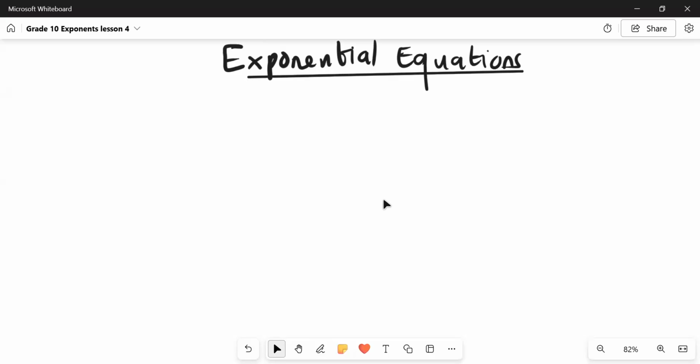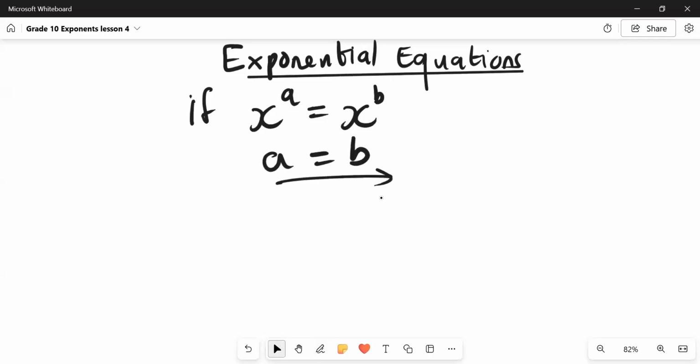For you to solve for x when it comes to exponential equations, you must fight to get the bases to be the same, and then you drop down the exponents, right? So, for example, if x to the power of a is equals to x to the power of b, where x is greater than 0, but x is not equals to 1, then a is equals to b. This is the conclusion.